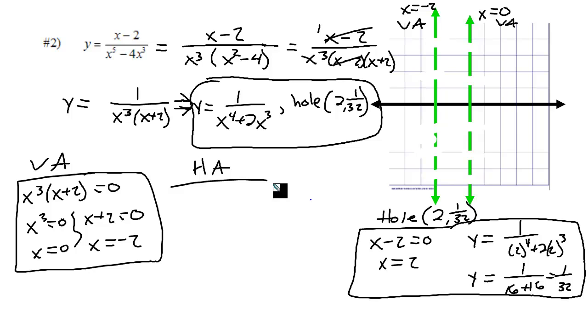Horizontal asymptote, I'm just going to look at the original one. It's the simplest to look at. Comparing n to d. N is 1, d is 5. Hence, there's a horizontal asymptote at y is 0.